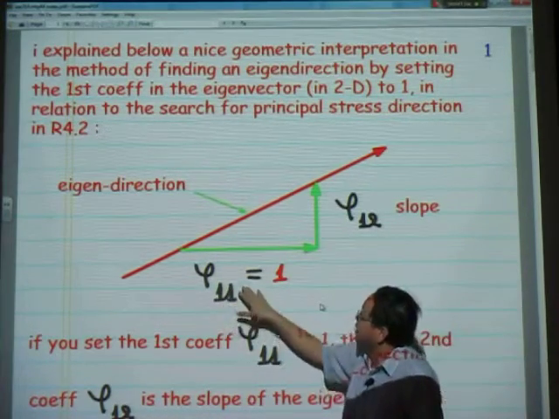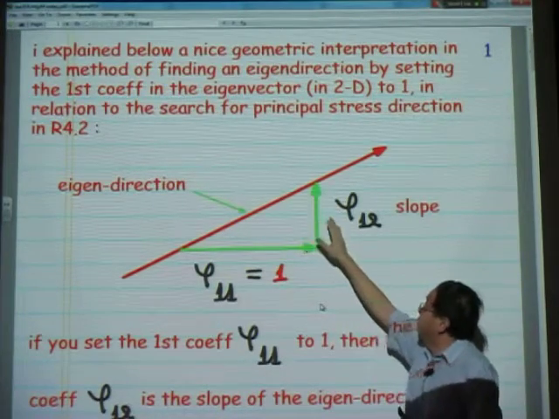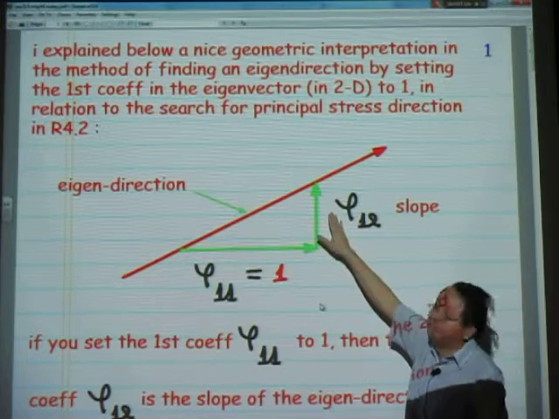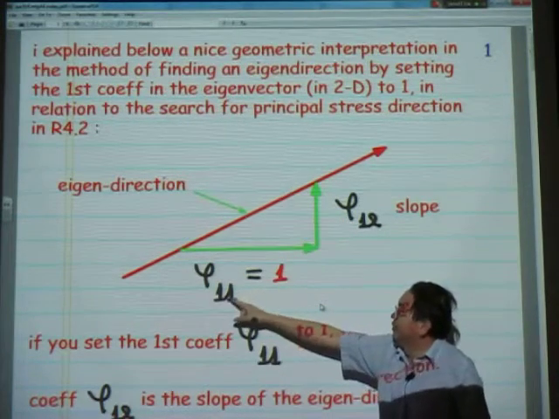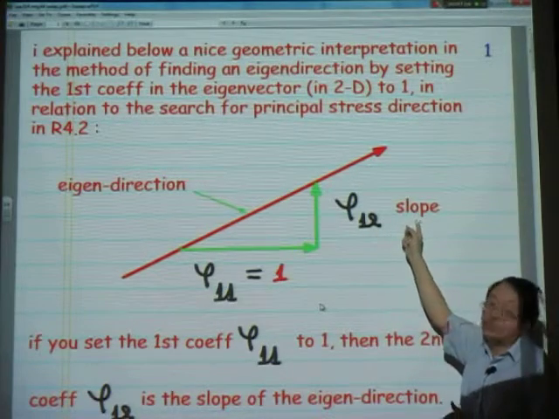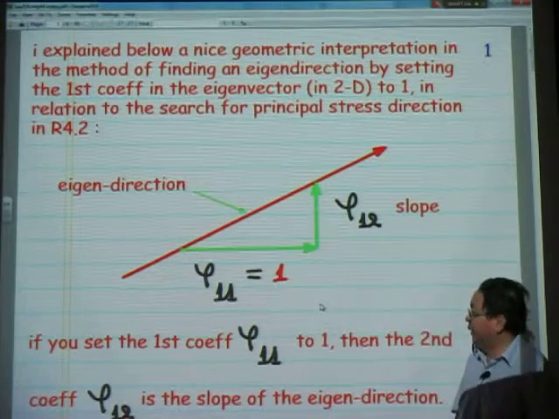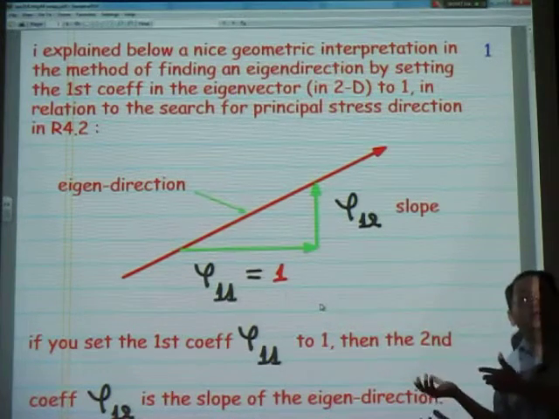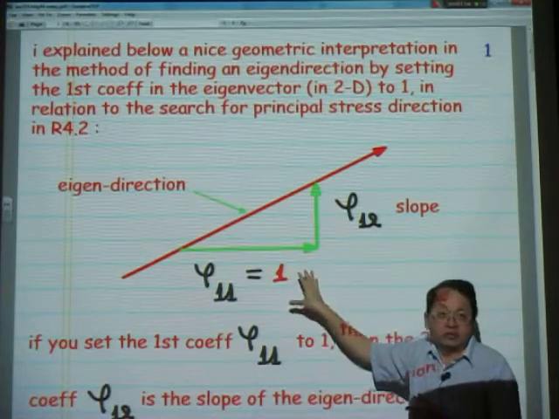So the first coefficient is like the first component of the vector, and the second coefficient would be the second component in the vertical direction. So if you set the first component to 1, then the second component is essentially the slope of this straight line here. And that's the geometric interpretation of setting the first coefficient to 1.